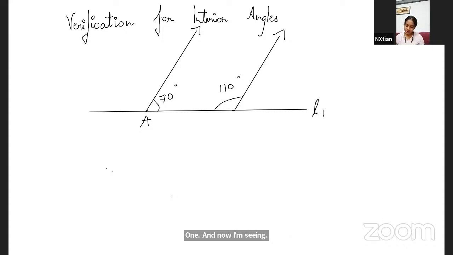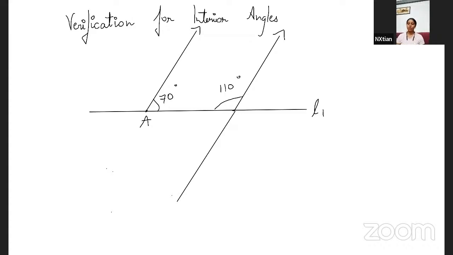That's cutting the line L1. Yes, ma'am. Done it like this, ma'am. Okay.